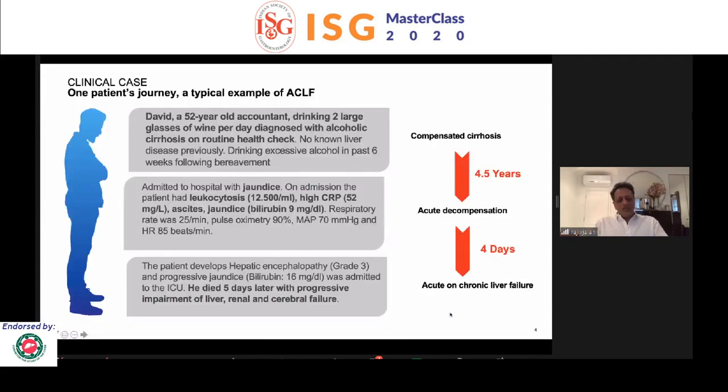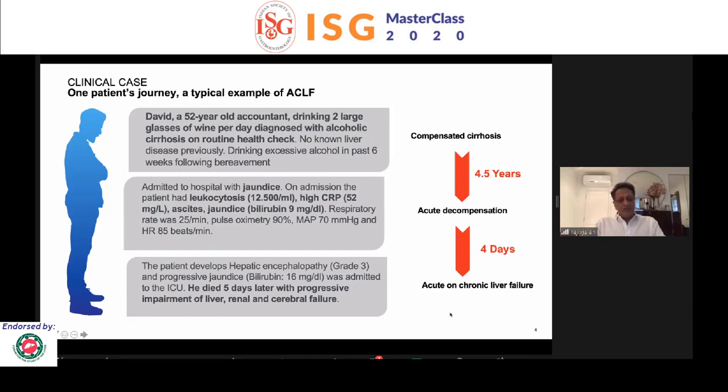So just to put the story into context, we are all clinicians. I think more than 90% of people in the audience here are possibly clinicians. So this is a very common story. This is a patient, David, a 52-year-old man, a common presentation in my clinical service.